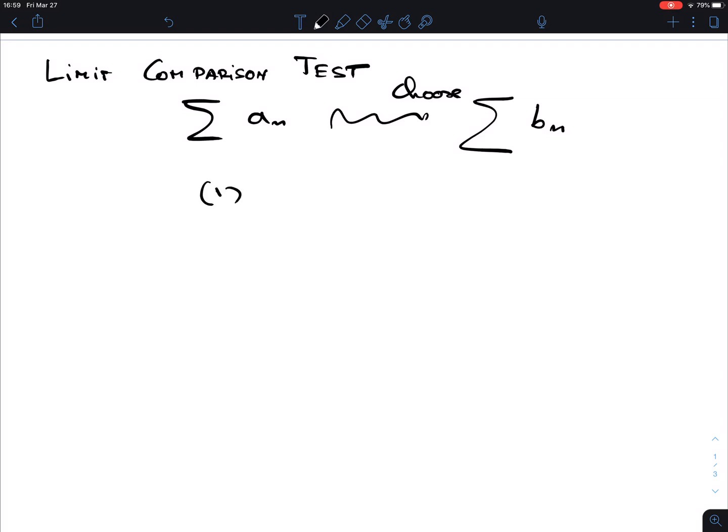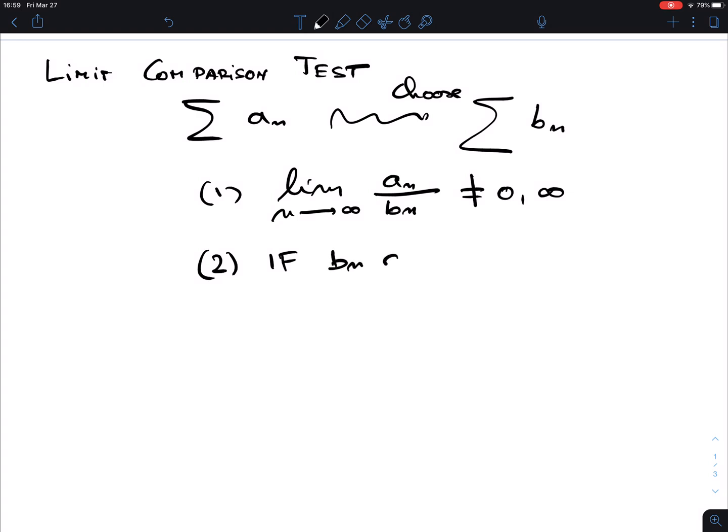The first thing I have to check is that if we divide a_n by b_n, the limit should not be 0 or infinity. But that doesn't mean anything yet. The second thing we have to do is check whether the b_n converge, then the a_n converge. This is the comparison that we want to do.